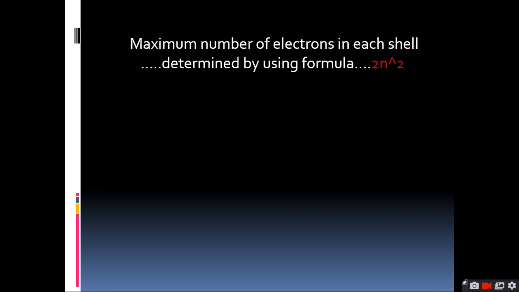There is a limit for each shell to carry a certain number of electrons only. This maximum number is determined by using the formula 2n square. After 2 electrons, the K shell says, I'm full, I can take no more. L shell, a little larger than K, says I'm full after 8 electrons.